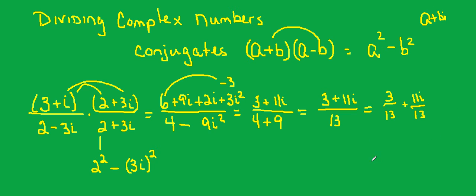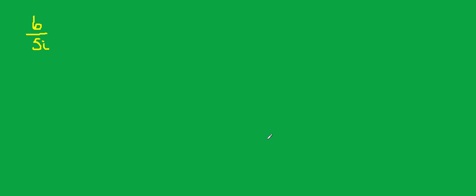Alright. Here's another example. This is a binomial with an i in the denominator. So we talked about this in class. If I multiply the denominator by the conjugate of 5i, the conjugate of 5i is negative 5i. So this would be negative 5i, top and bottom, same number, so it's really 1 we're multiplying by.